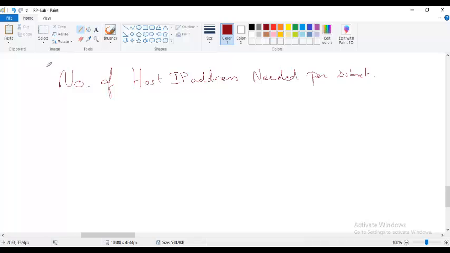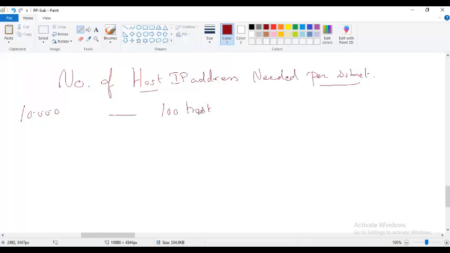So when we say host, it means devices, devices that are going to consume the IP address. Per subnet, let's say this is the network in your organization that you should use, and number of hosts per subnet is 100.